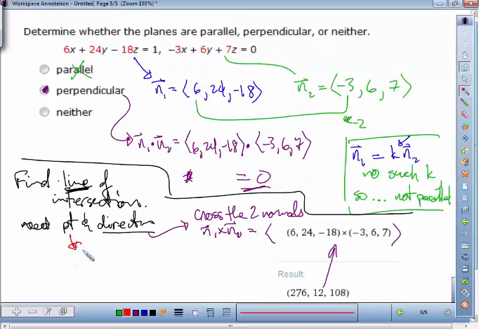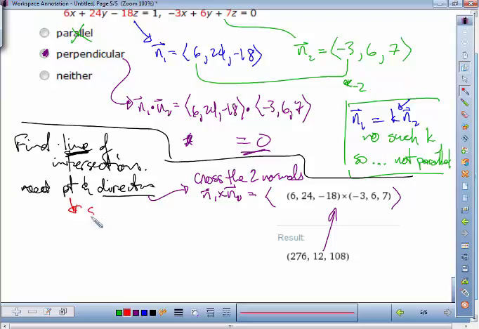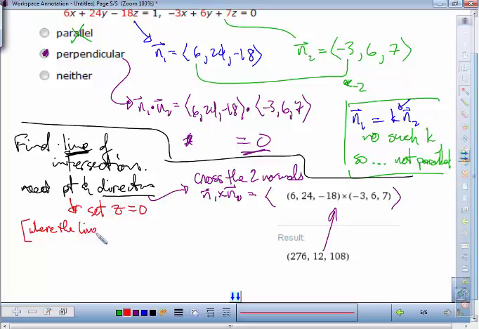We're going to set z equal to 0, and geometrically what this is looking for is where the line that we're looking for will intersect the xy plane.